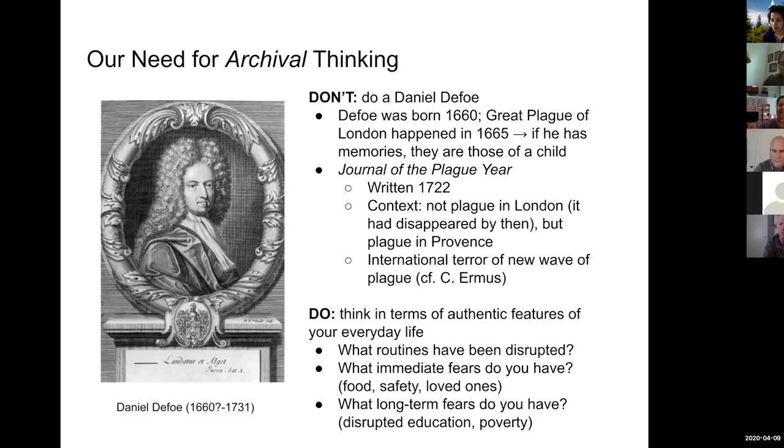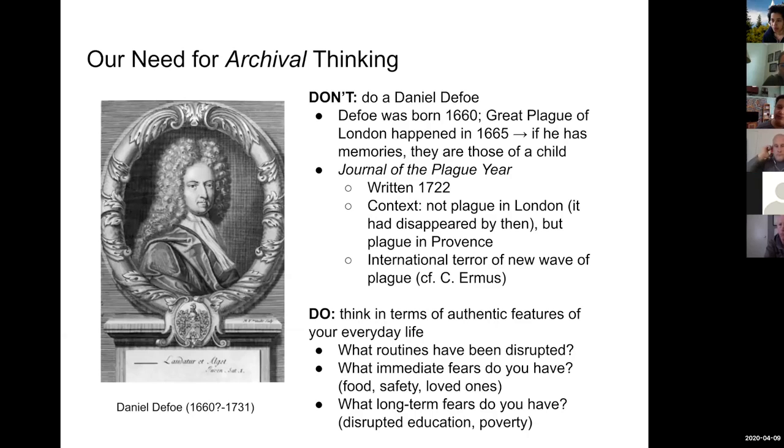Don't pretend to do a journal of the plague year, because there's some very basic facts we need to remember about Defoe and his work, which so many people treat as if it's history. It's a novel. It's a novel that was written by somebody who probably didn't have much aside from very limited childhood memory.